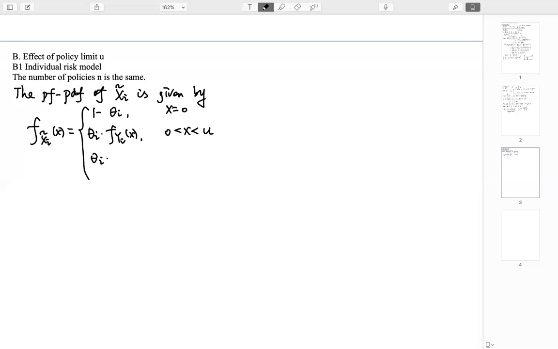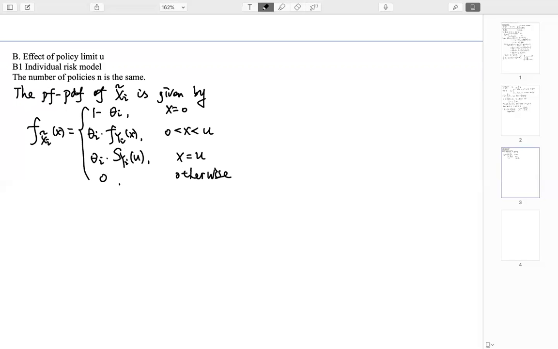Here is theta I times, we can use survival function, at u. Okay, 0 otherwise.